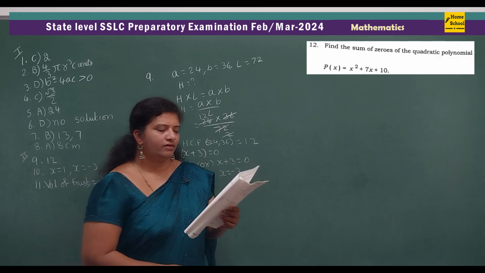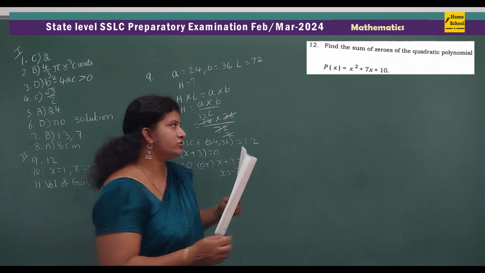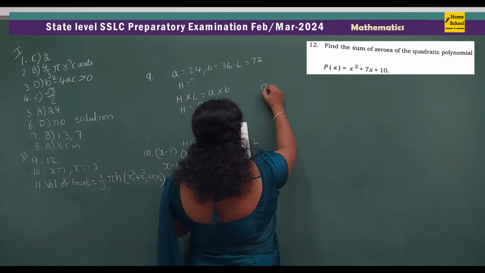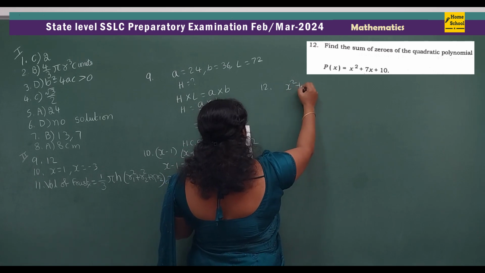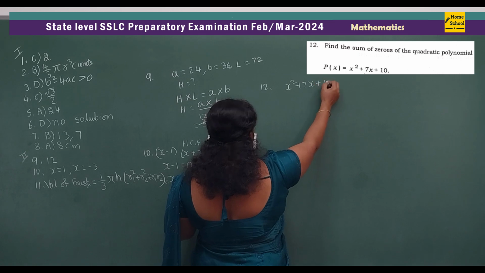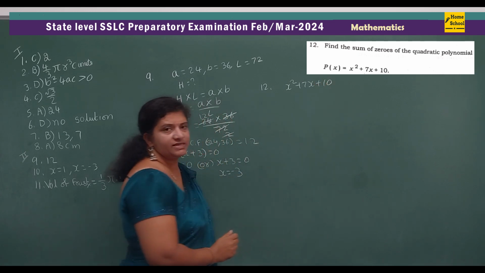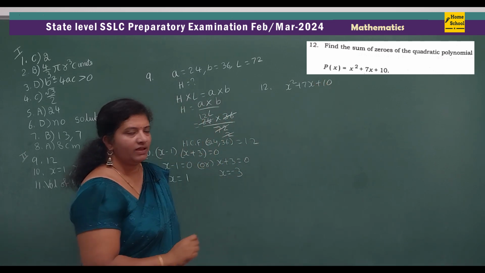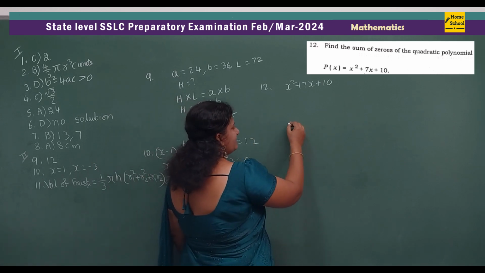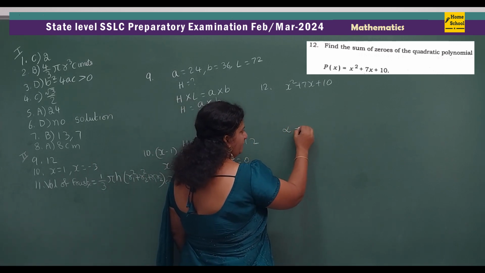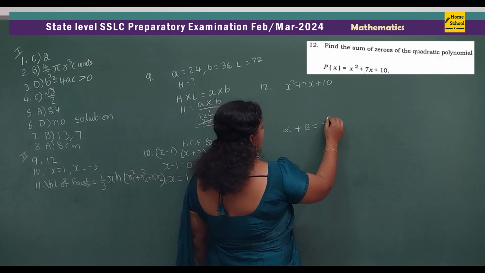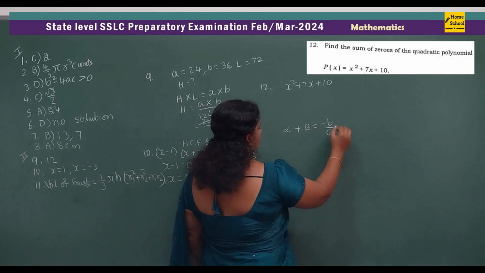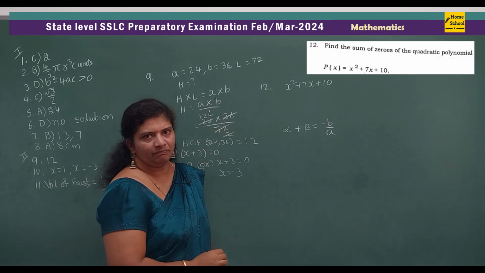12th one. Find the sum of zeros of the quadratic polynomial. Given quadratic polynomial x square plus 7x plus 10. Find the sum of zeros. Sum of zeros means, let the zeros be alpha and beta. We know the formula: alpha plus beta is equal to minus b by a.